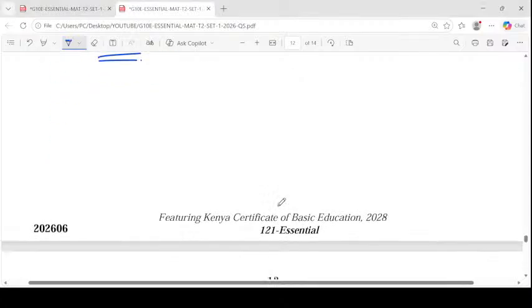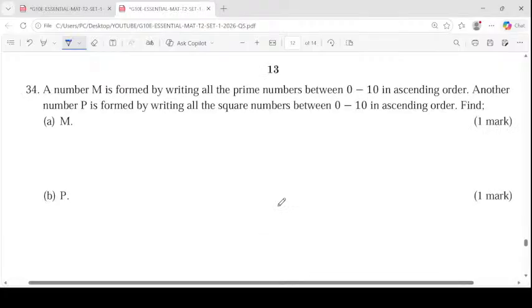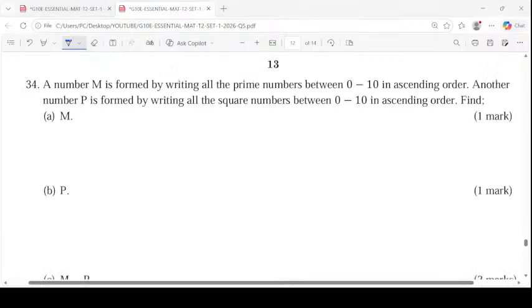That is question number 34. A number m is formed by writing all the prime numbers between 0 to 10 in ascending order. Another number p is formed by writing all the square numbers between 0 to 10 in ascending order.